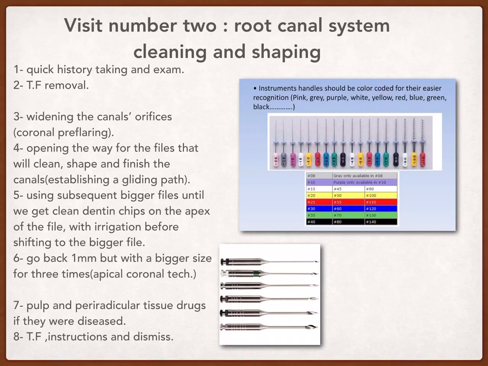And then we will do the cleaning and shaping and finishing procedure to the root canal system by using subsequent bigger files, which are files number 25, 30, 35, 40, etc., until we get clean dentin chips on the apex of the file.